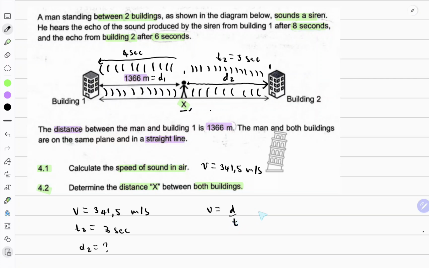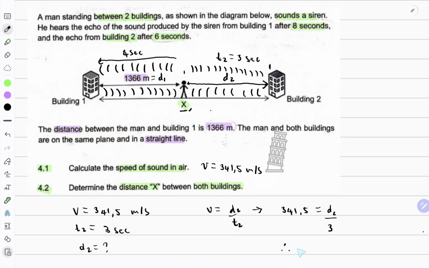This implies that the speed, 341.5 meters per second, is equal to D2 over T2, and the time it takes the sound waves to move from the source to the second building is 3 seconds.